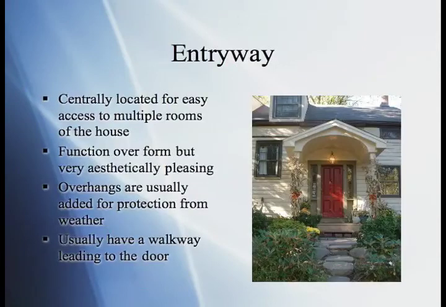On to the entryway of the home. Entryways should be centrally located for easy access to multiple rooms of the house. Overhangs are usually put on the outside of the entryway to guard you from the elements.